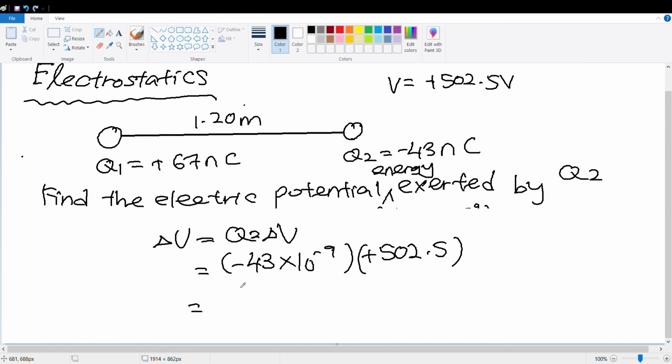So what I get is negative 2.161 times 10 to the power of negative 5, and this is joule. Alright, so this is how we calculate both electric potential and electric potential energy. So let's move on to another example.